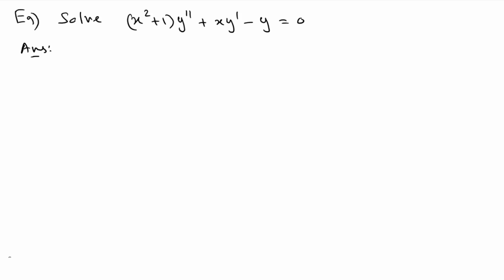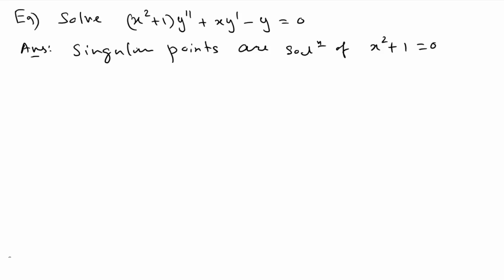By the theory, singular points are the solutions of x squared plus 1 equals 0. That's simply the coefficient of the largest term. You can take the coefficient function and set it equal to 0. That's going to give the singular points, because you can divide by that.